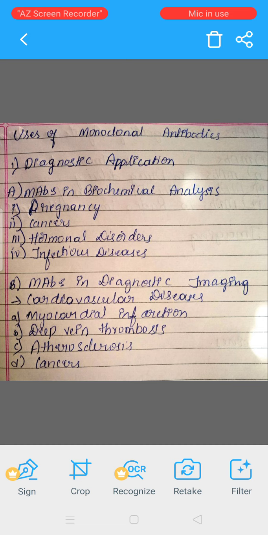And next one, deep vein thrombosis. Deep vein thrombosis refers to the formation of blood clots within the blood veins, primarily in the lower extremities. For the detection of deep vein thrombosis, radioisotope labeled monoclonal antibodies directed against fibrin or platelets can be used.